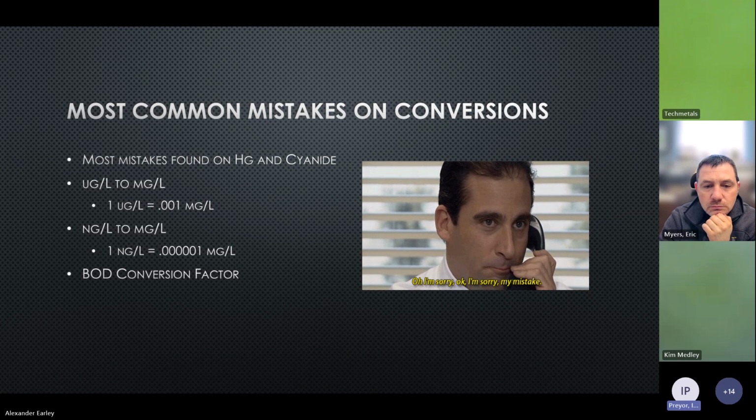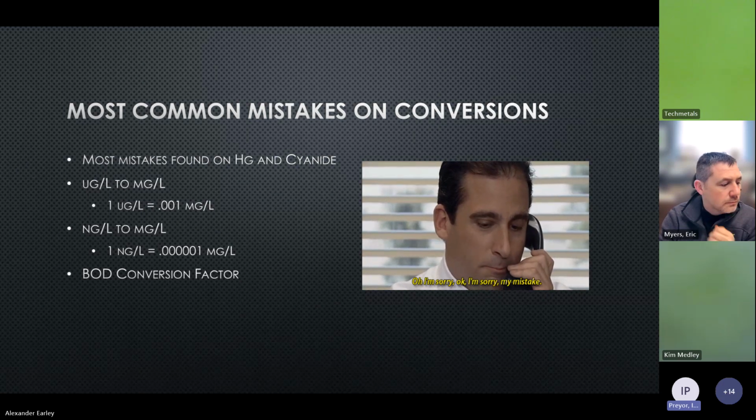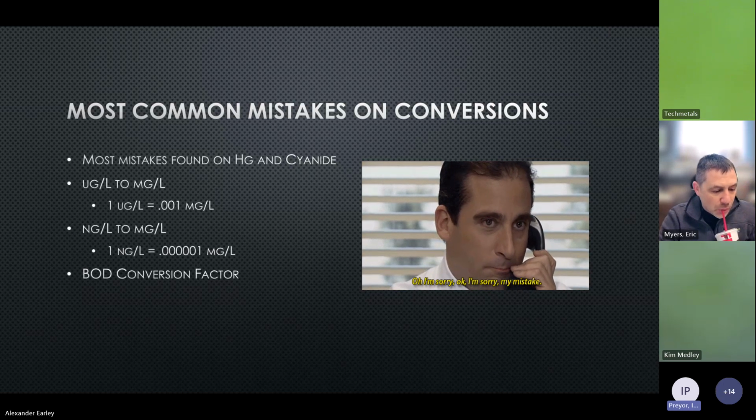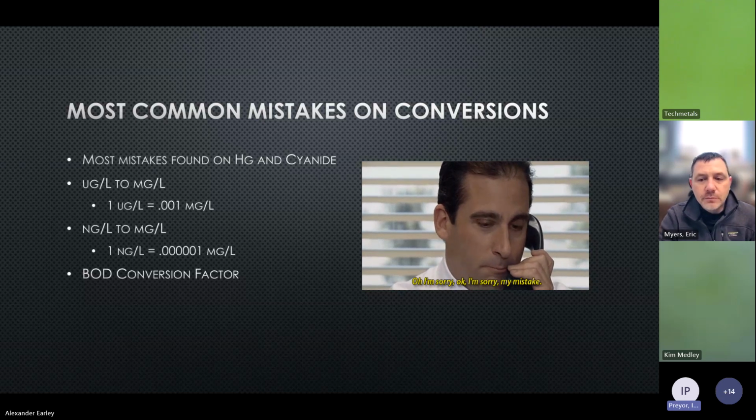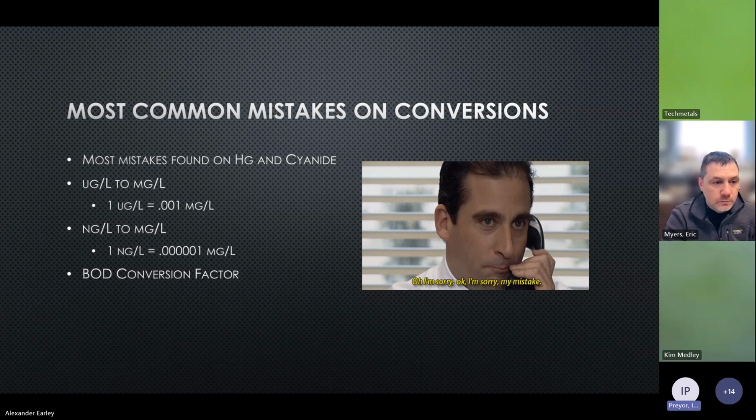That's not a part of the permit. Some industries elect to run that as a check. However, that cannot be used as a substitute for running the COD analysis and using the BOD conversion factor. So that's all I've got to say for that particular topic.